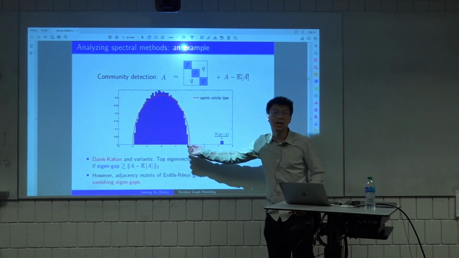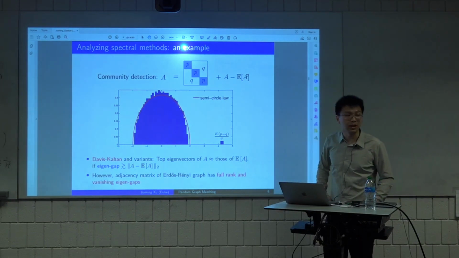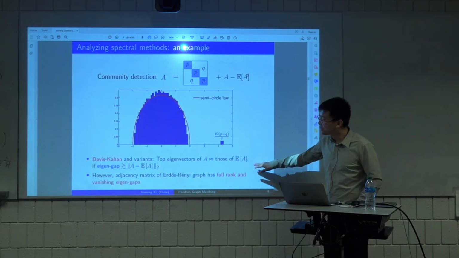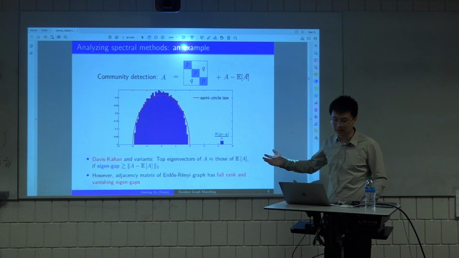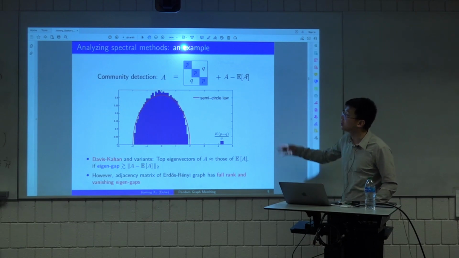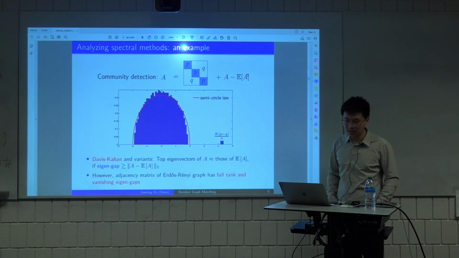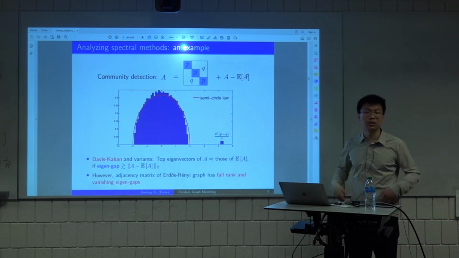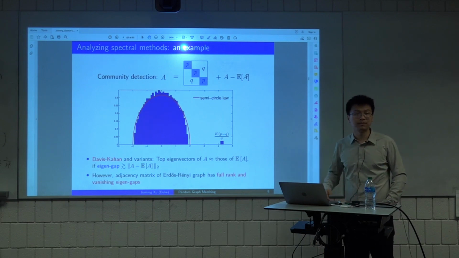And you can see that the eigengap is really vanishing in this case. So that's why in our case, if you have a little bit of noise in the problem, then if you directly look at these leading eigenvectors, they're not that informative for matching the nodes anymore.